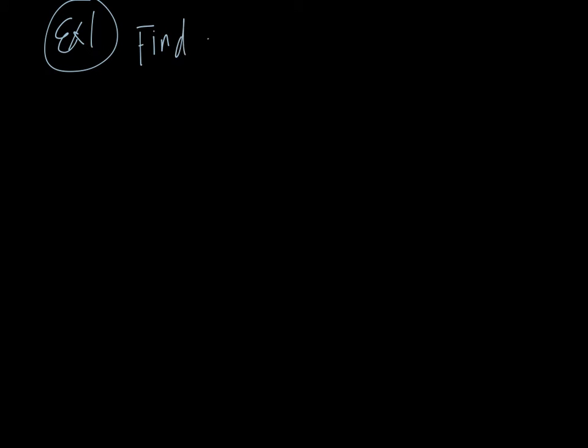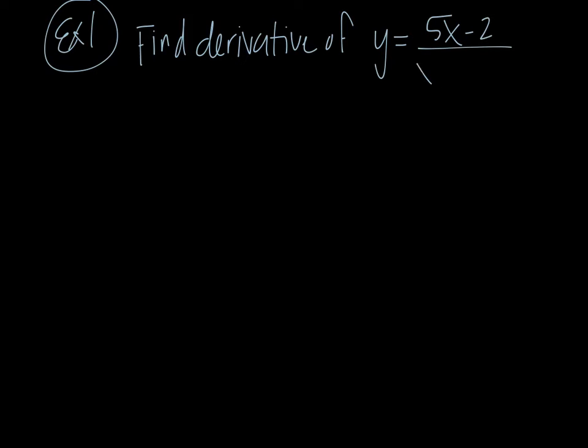Let's go ahead and do an example. Suppose I wanted you to find the derivative of y equals 5x minus 2 all divided by x squared plus 1. Alright, this is clearly a quotient rule situation because I have a function on the numerator and a function in the denominator.